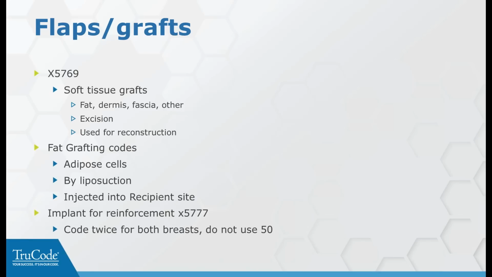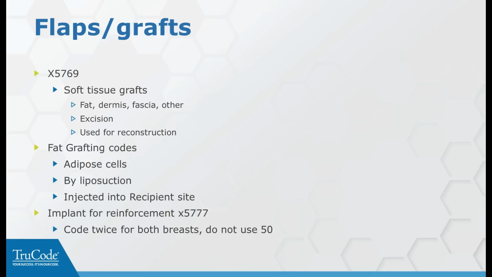All right, the other thing that they've added in this area are some of the different grafting codes. So if you want to look over at code 15969, for example, these are all new this year. And what they've done, this is under the other flaps and grafts, and they have given us different codes.